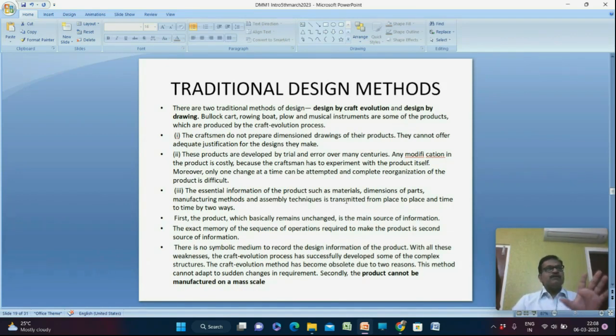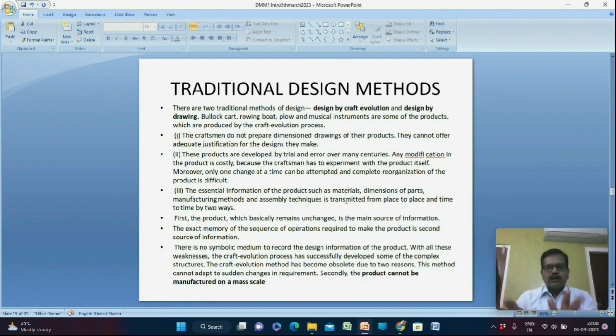The essential information of the product, such as material, dimensions of the part, manufacturing methods, and assembly techniques, is transmitted from place to place and time to time in two ways. Number one, with the product itself. Number two, exact memory of the sequence of operations required to make the product. So these are the only two things.